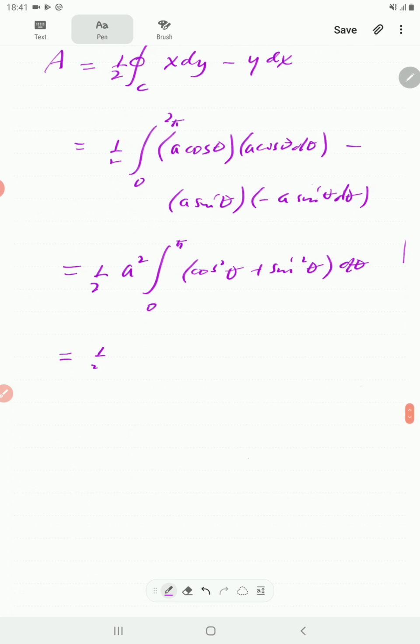So this is simply 1/2 a squared integral of d theta from 0 to 2 pi. So this is going to be a squared on 2 times 2 pi. This is going to be pi a squared. Okay, so that demonstrates the area theorem, which is based on Green's theorem in the plane.